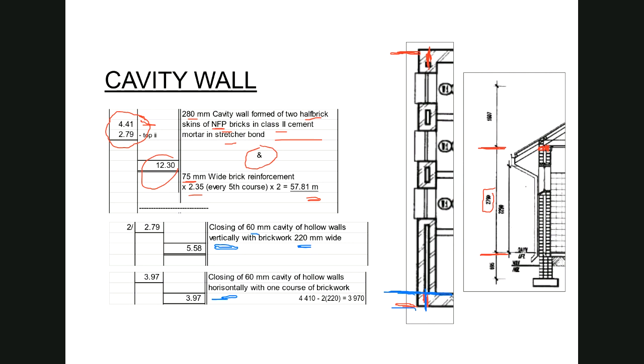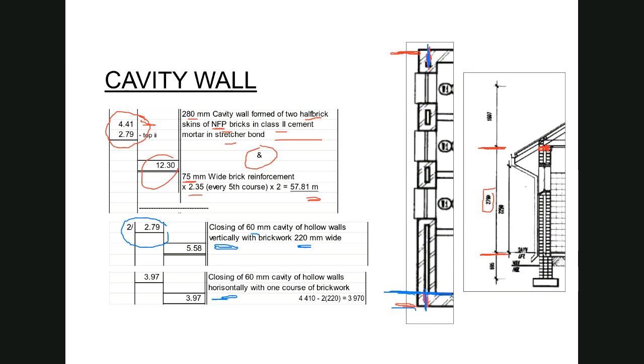I'm using the height wall because this is vertical, and I've got 2.79 times 2. So I have the closing on this end of the wall, and I have the closing on the other end of the wall. And that then deals with the vertical closing. Then the horizontal closing.